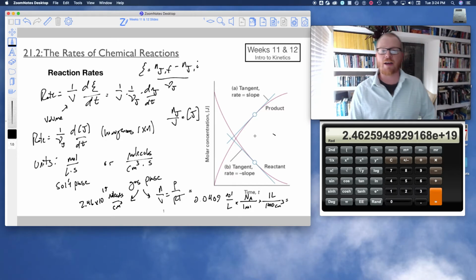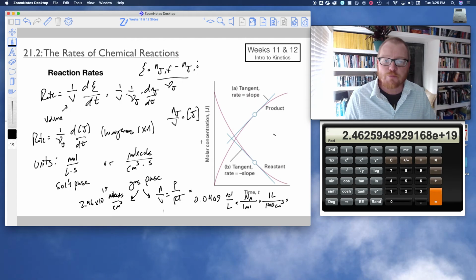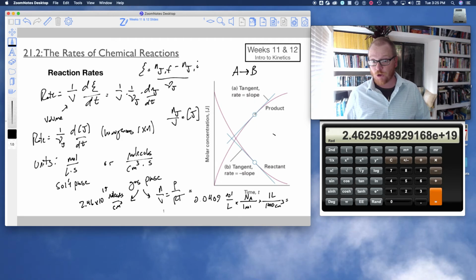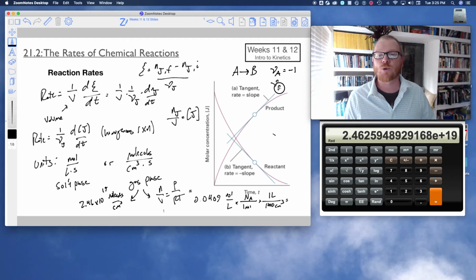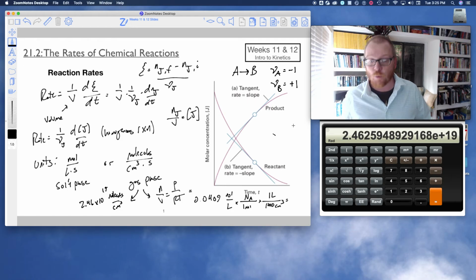So now what I've got here, this graph, as you can see, is time versus concentration. We can see a reactant decays. If we were doing this for the simple reaction A goes to B, I'll remind you that the stoichiometric coefficient of A equals -1, and the stoichiometric coefficient of B equals +1.